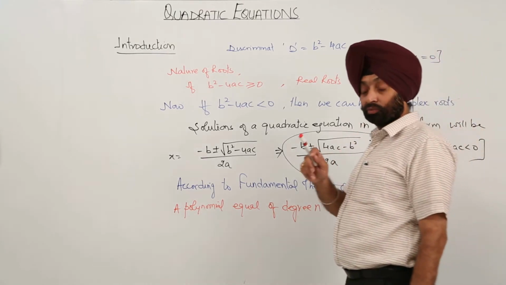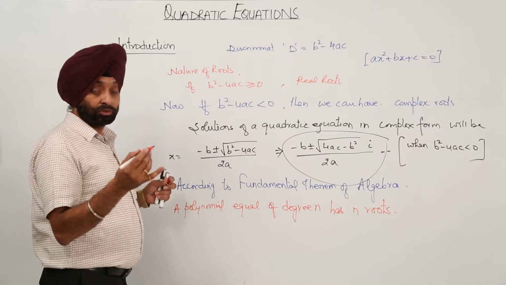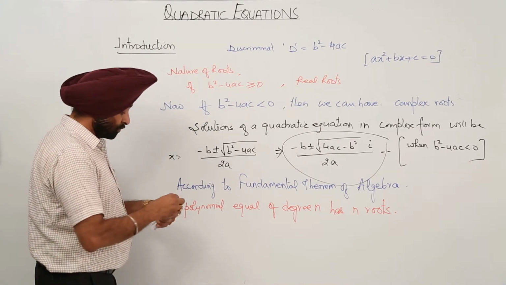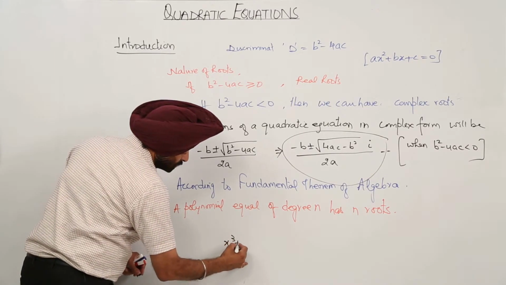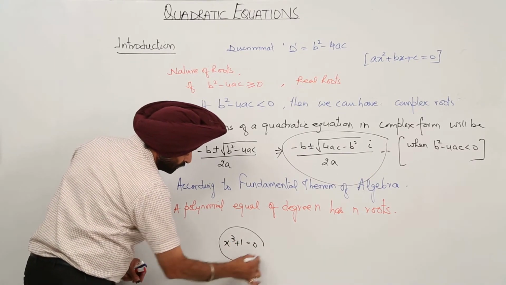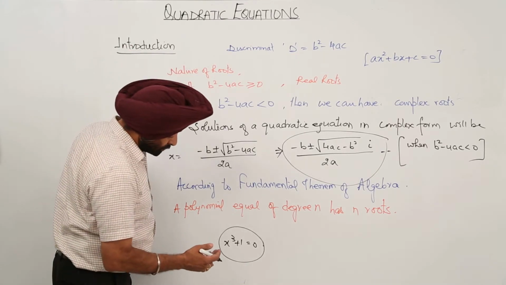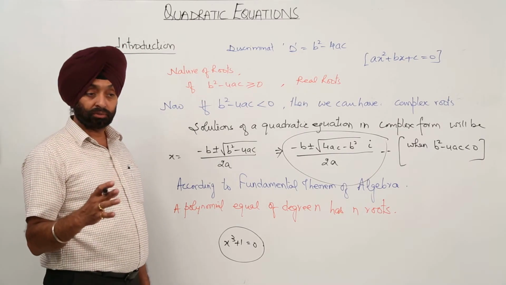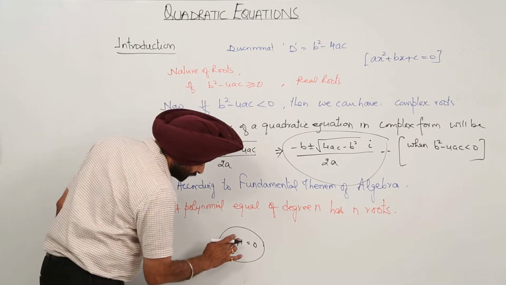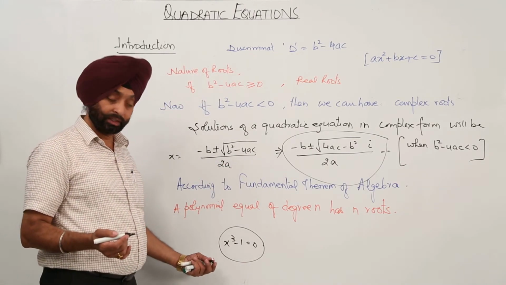Till class 10th, what have you done? If we were having x cube, suppose x cube plus 1 is equal to 0, then we were writing only one answer. Or you can even write x cube minus 1.